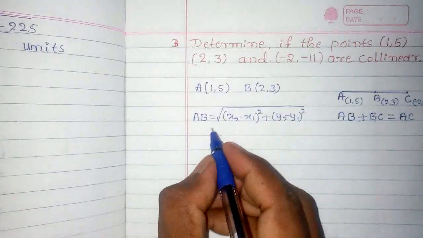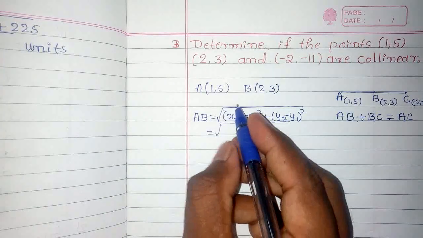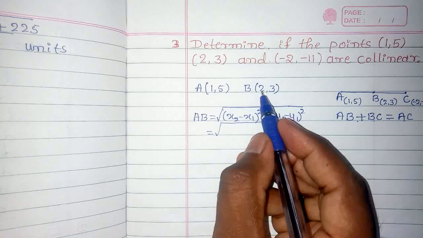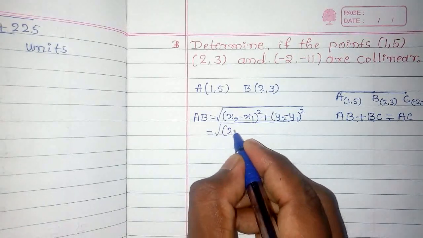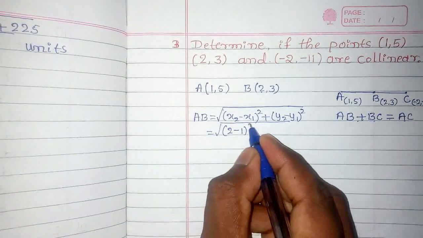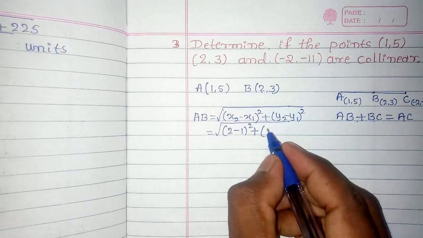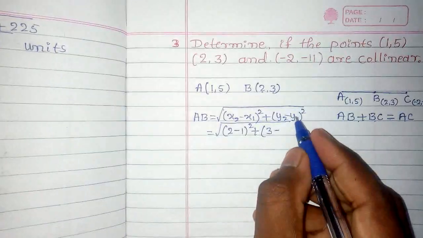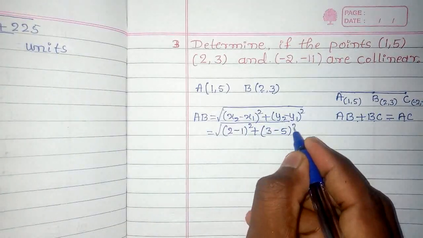Now x2 is 2 and x1 is 1, so (2 minus 1) whole square, plus y2 is 3 and y1 is 5, so (3 minus 5) whole square.